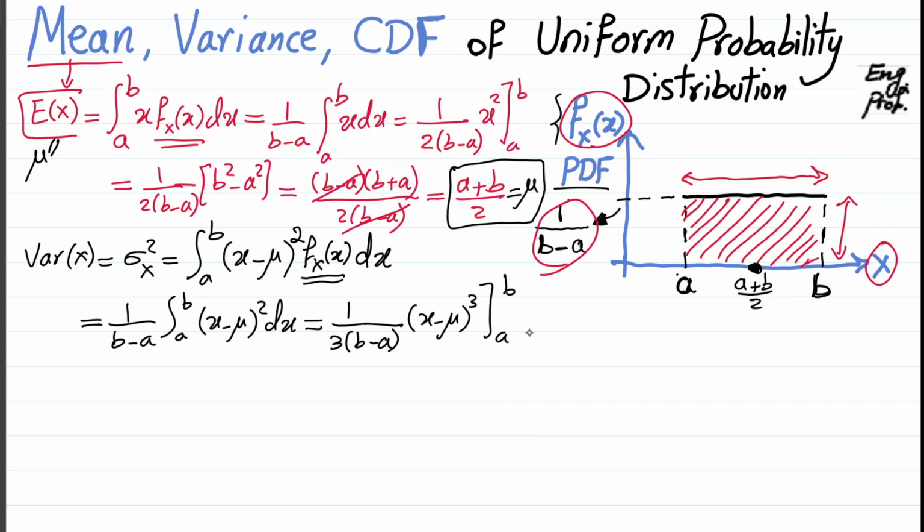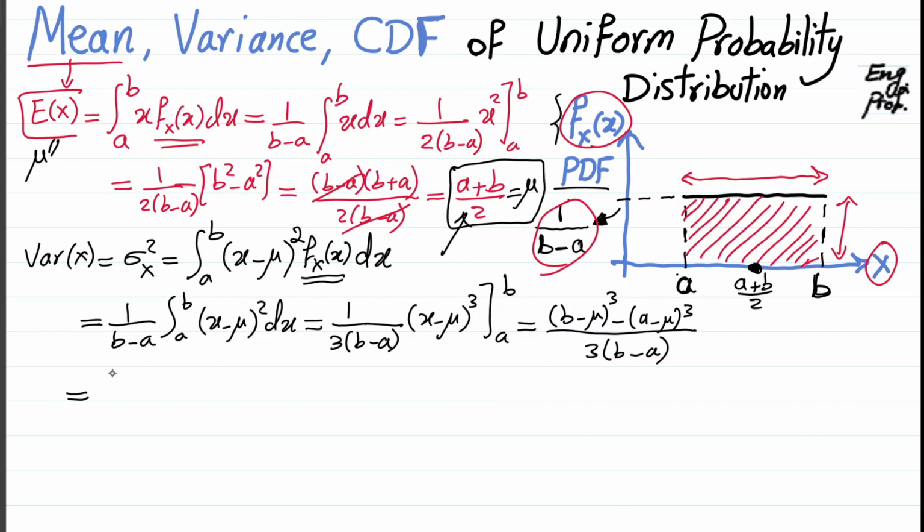The last step is just to substitute. Substituting x with b and a, we get b minus mu cubed minus a minus mu cubed, divided by 3 times b minus a. Now is a good time to substitute mu with the value we found in step 1.